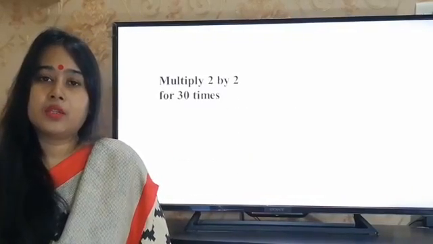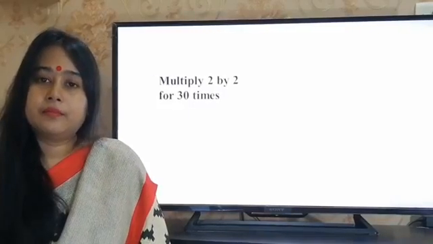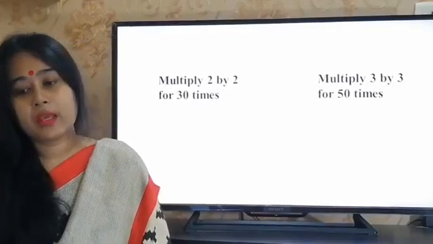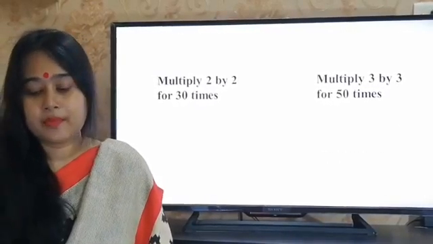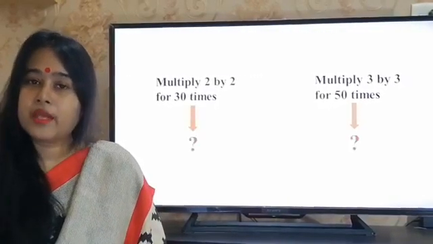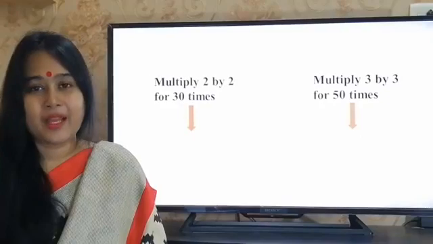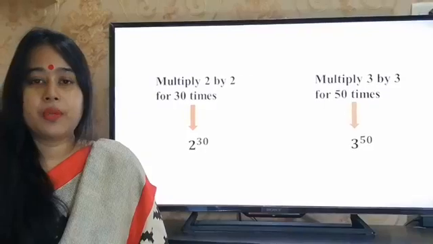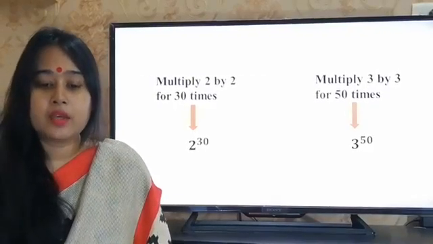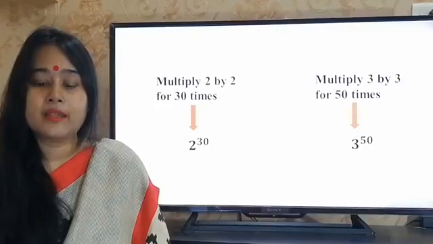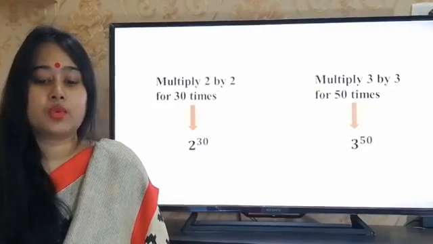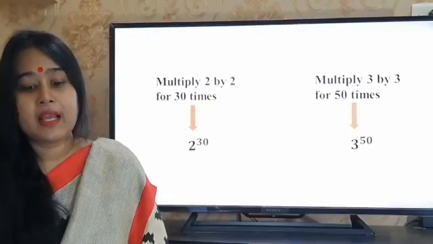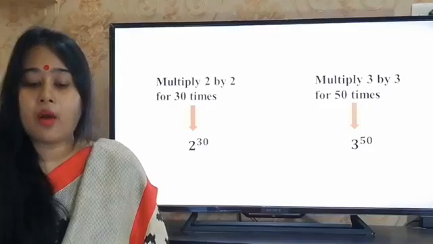Well, if it is asked to write multiply 2 by 2 for 30 times, or multiply 3 by 3 for 50 times, how are you going to write it? Now you know we will write 2 to the power 30, because 2 is multiplied by 2, so 2 is the base, and it is multiplied 30 times, so 30 is the power or index.